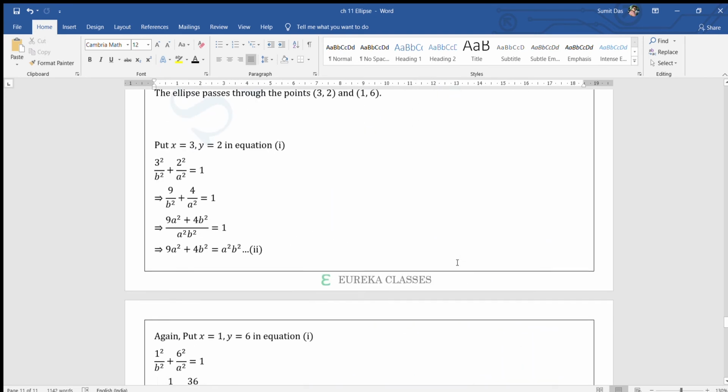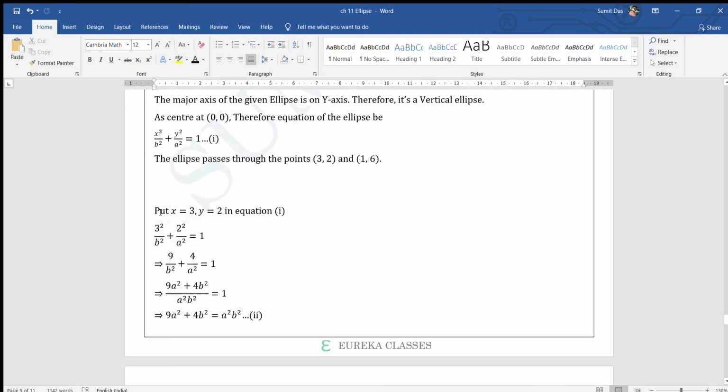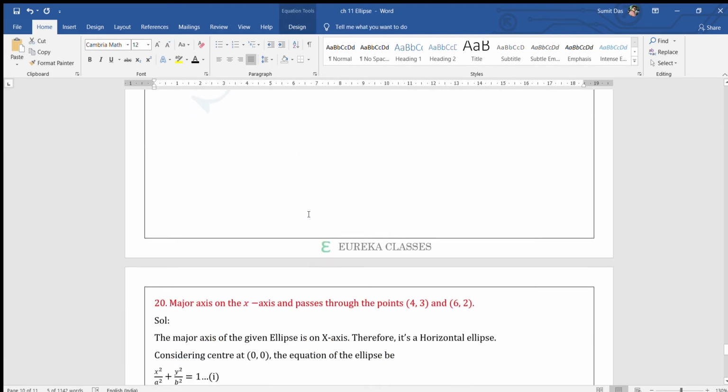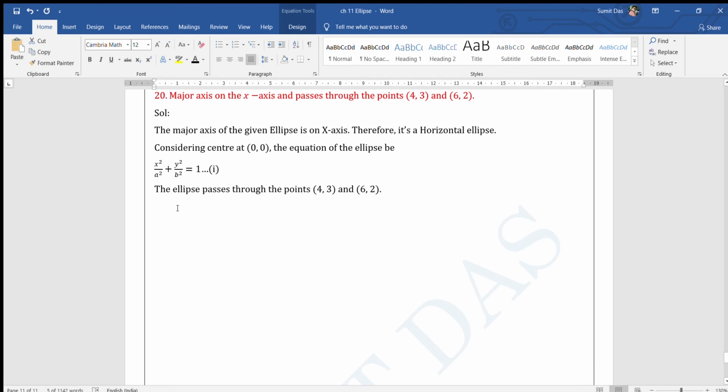Let's mark this one as question 1. I'll try to solve this question a little differently. Same thing, but in another way. Here x equals 4, y equals 3.